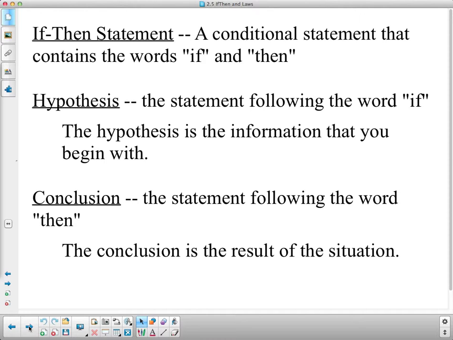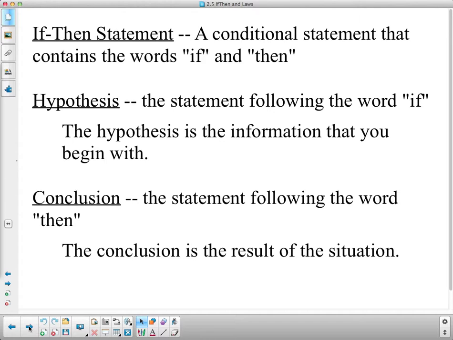So think of some if-then sentences. If what, then what? A few examples, appropriate for school. They don't necessarily have to be true, just an if-then statement. If I get an F on my paper, then I will get in trouble.